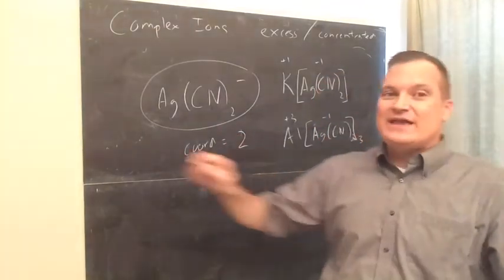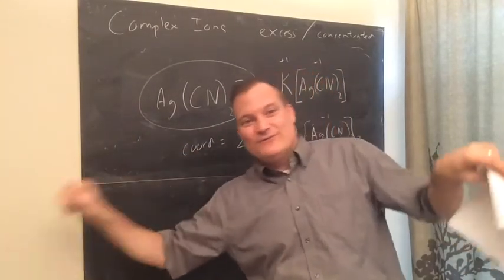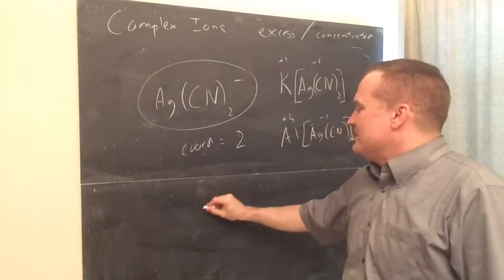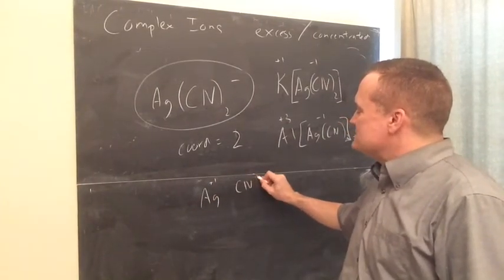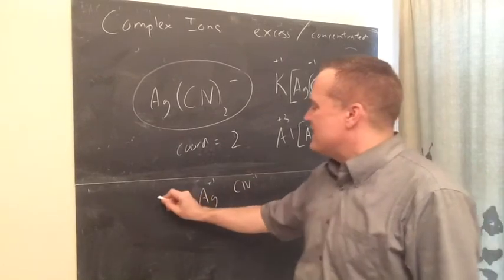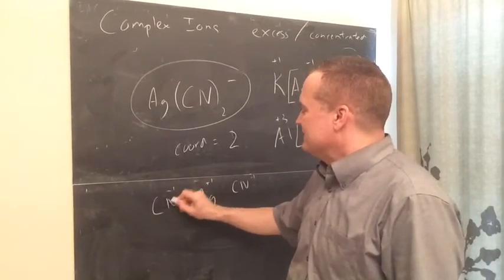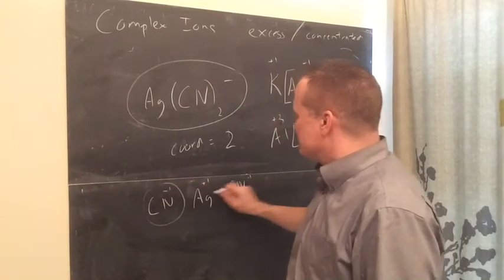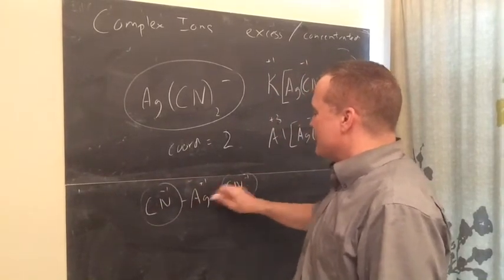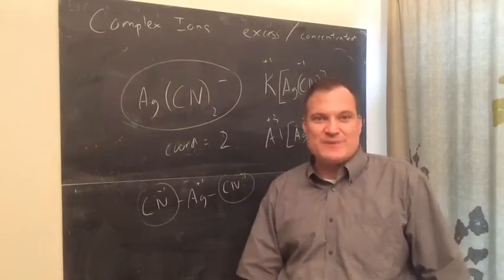And since there's 2 things attached, guess what? 1 and 1, that'd be linear. Because your silver ion would be here, and then you'd have a cyanide on one side and a cyanide on the other side. You'd actually draw a Lewis dot diagram for it, but just imagine this attached to those, and they would be linear, they'd stay as far apart as possible.